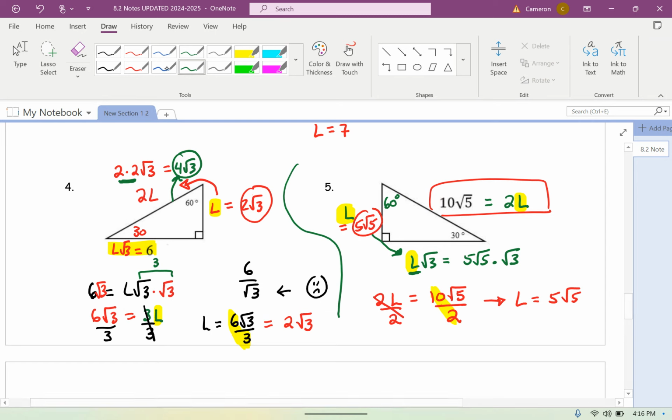And so rad 3 times rad 5 can turn into rad 15. So this becomes 5 rad 15. And 15 has no perfect squares that can be pulled out of it, so that just stays as 5 rad 15. Okay.